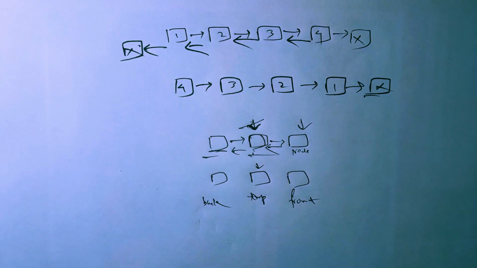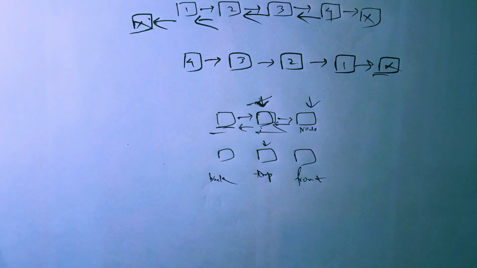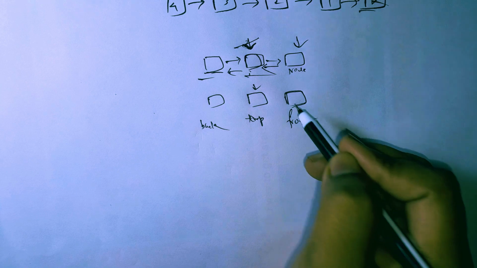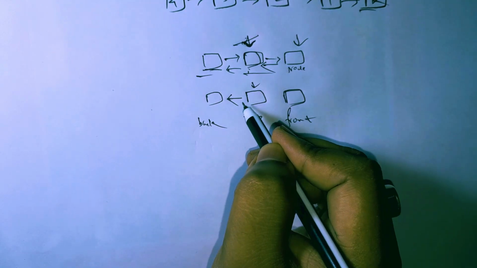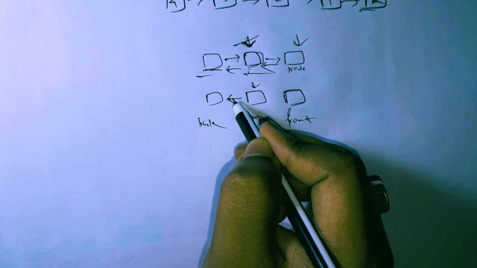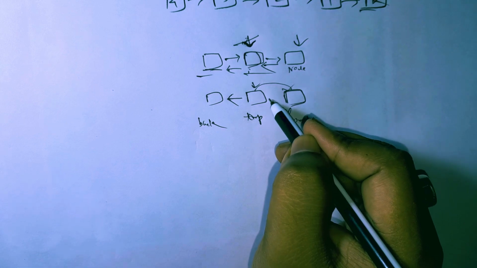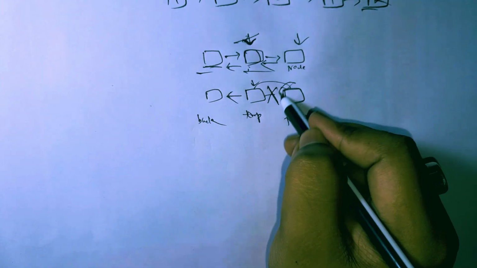I need these 3 nodes to reverse the linked list, and I have to store the front, because if you move the arrow to the back, then you cannot go to the front anymore, because this link will be destroyed. So you have to store the front also.